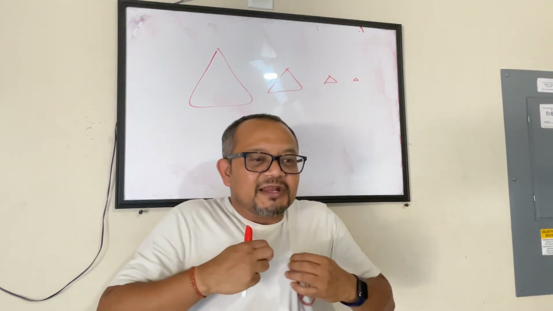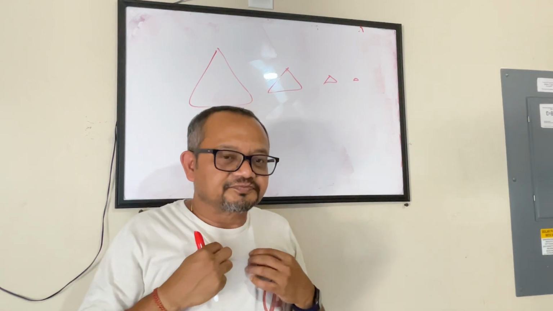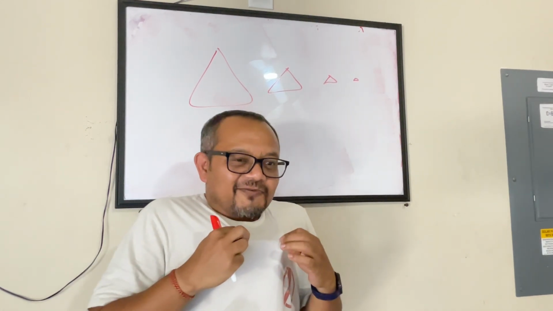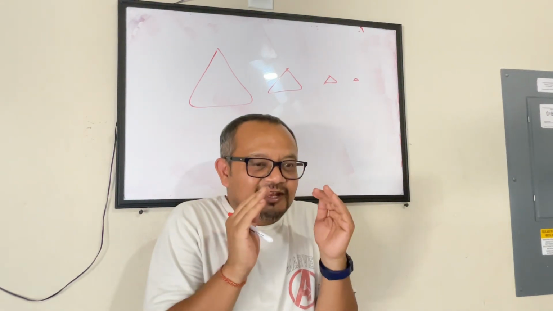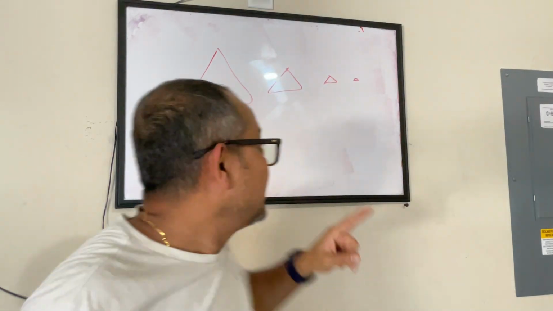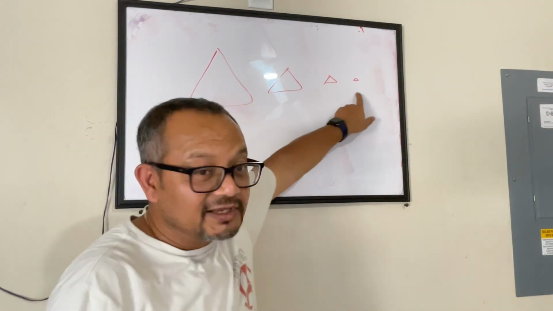Okay, now let me give you another example. I am very big, I am very bulky, fat. You guys are tiny, small, cute. So your size is small, my size is big. That's another way of looking at it. This is like me, this is like you guys.